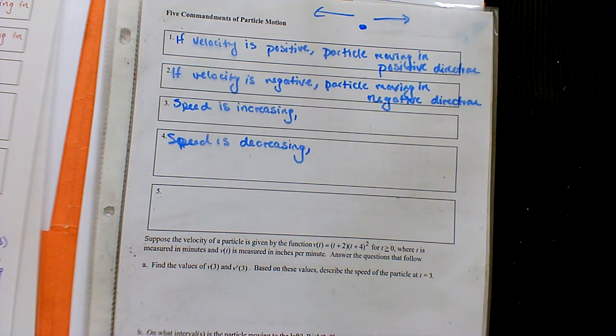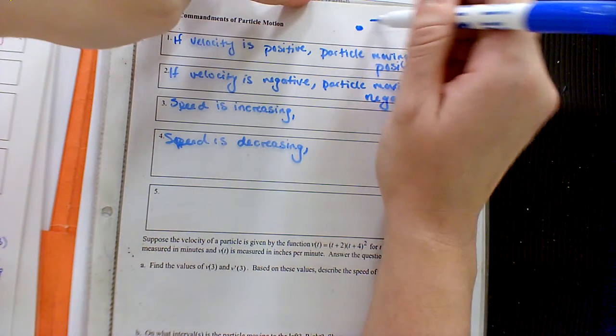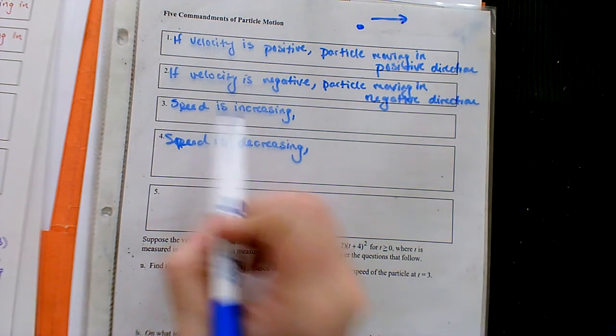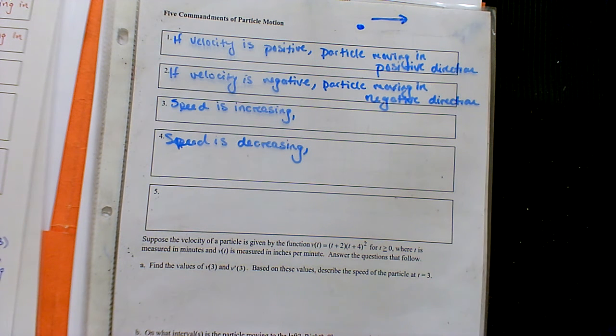Let me ask you this. Pretend for a moment that you're running at a constant speed. Maybe we'll say we're running to the right at a constant speed. In order for your speed to increase, can you visualize or feel yourself pushing yourself forward to move faster? Have you done that? Yes. Okay.